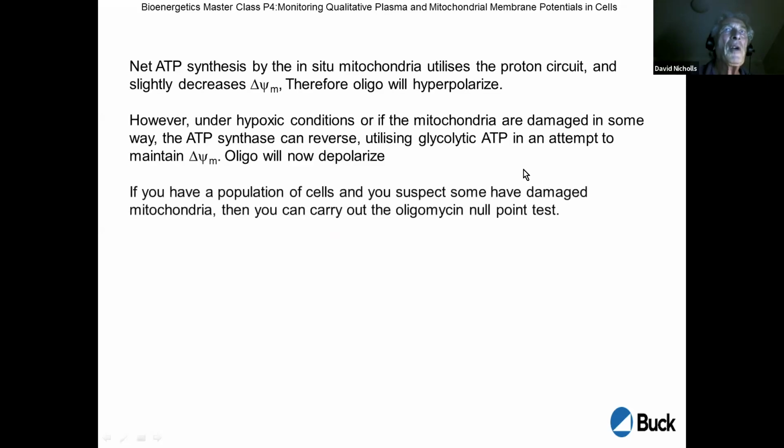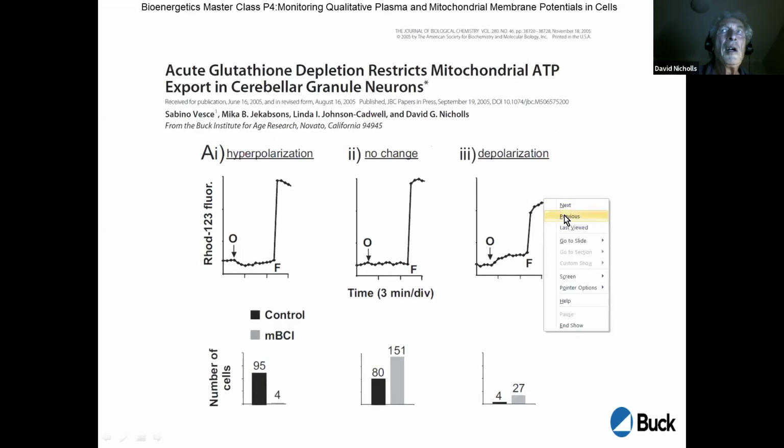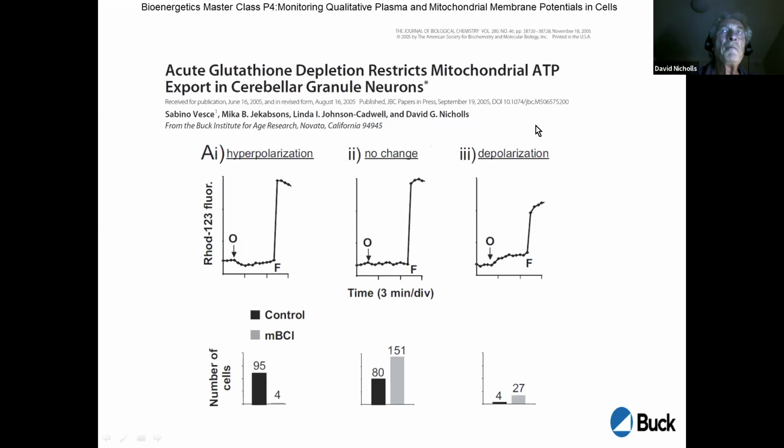And I think we've covered this, which is the question of how oligomycin hyperpolarizes healthy mitochondria and depolarizes damaged mitochondria in an intact cell. And so you can do a population study.